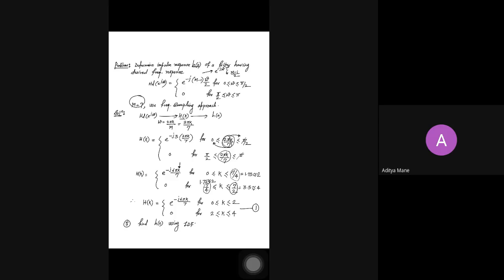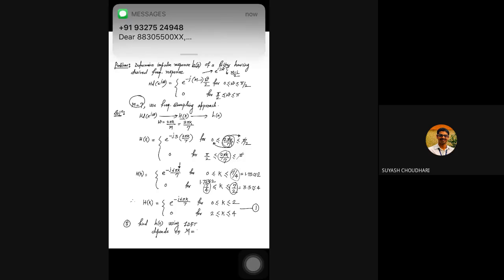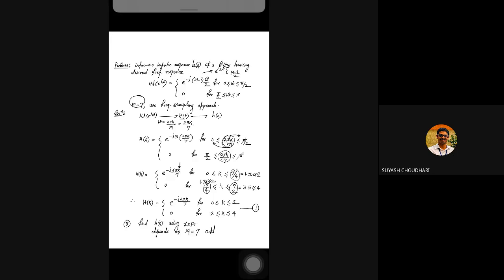But the equation of this IDFT depends on M. M is equal to 7, and it is nothing but an odd value. Correct? For odd, which equation is applicable?